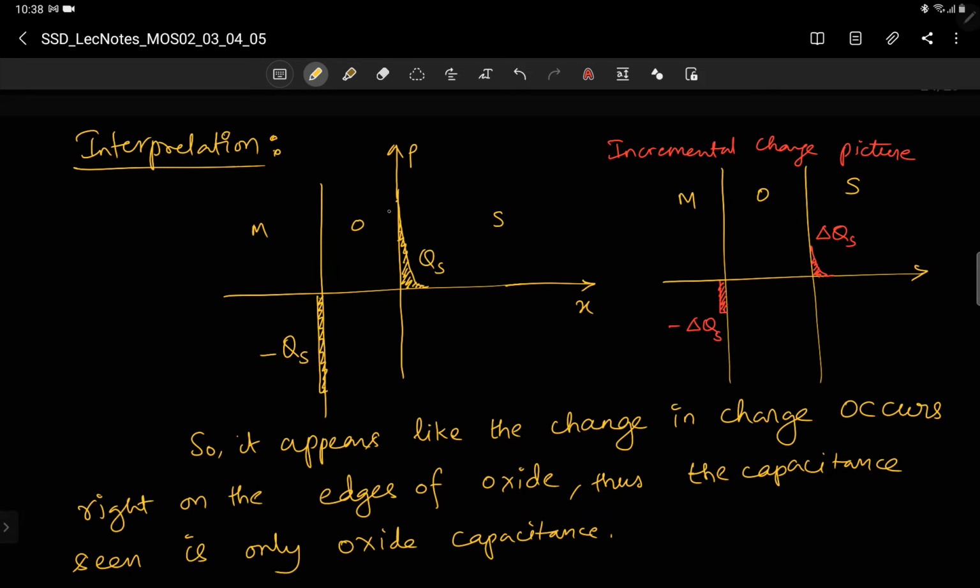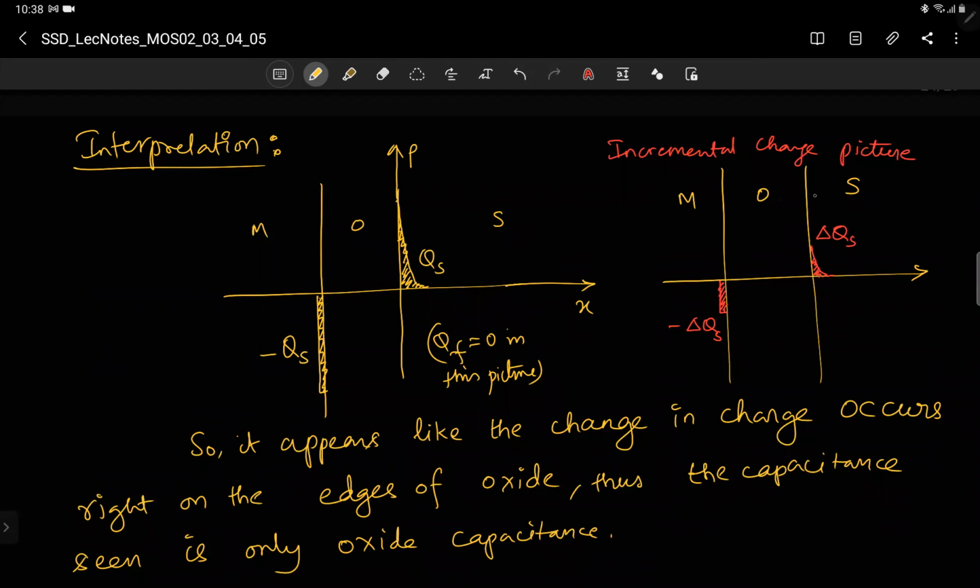Let us say for now QF is 0. Or I can add here QS plus QF. So this is the charge I have, and now the incremental charge picture, because our capacitance is related to incremental charge by incremental voltage.